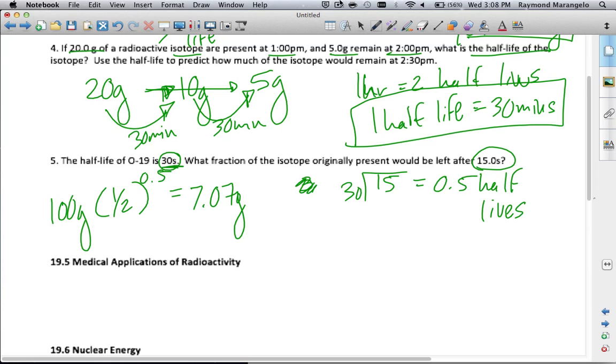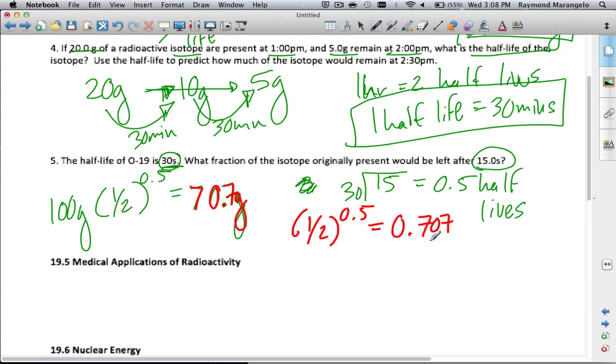Oh, sorry. So, shoot. I'm on the wrong spot. This one should go there. So it would be 70, so 70% would remain, and the fraction would be, because it's just 1/2 raised to the 0.5, it's going to be 0.707.